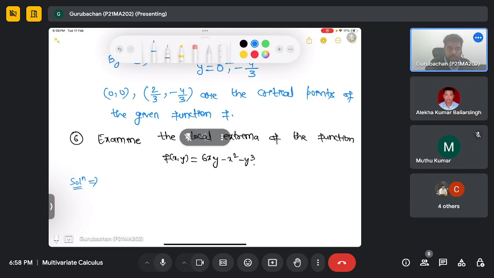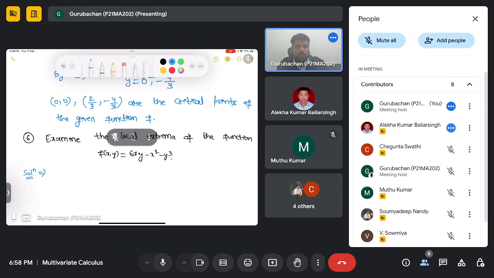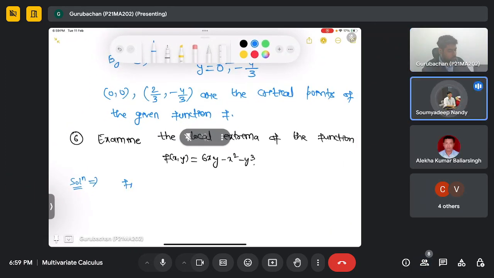Okay. And what do these points correspond to? I mean, local minima, maxima, or saddle point, something. So saddle point at (0, 0) and local maxima at (18, 6). Okay. Let us do it.